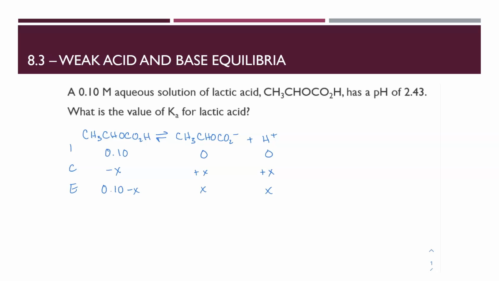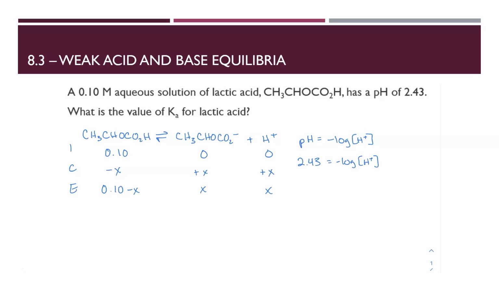Now, our pH tells us the concentration of our hydrogen ion. So pH is the negative log of the hydrogen ion concentration. We're told that our pH is 2.43. So then we can solve for our hydrogen ion concentration.